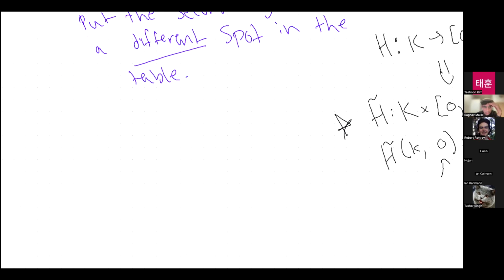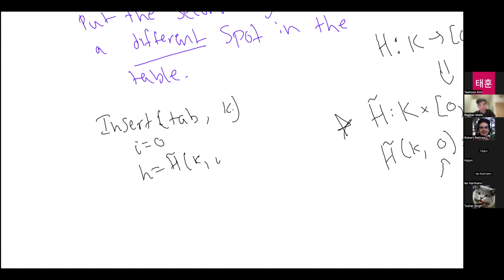To insert, let's say table comma key, I start by saying maybe let i equal 0, and then I say h equals h tilde of k comma i.